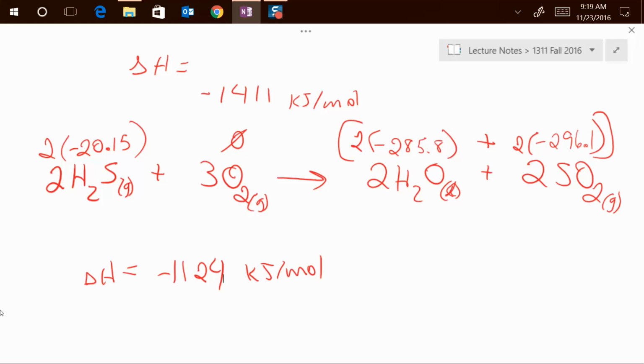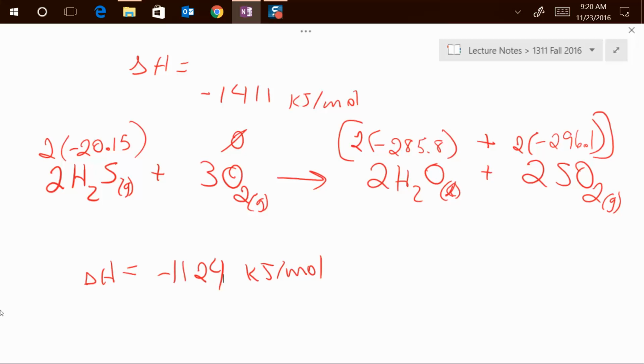So then this one is 2 times negative 20.15. It's negative 40.3. So it's going to be the sum of this minus that.